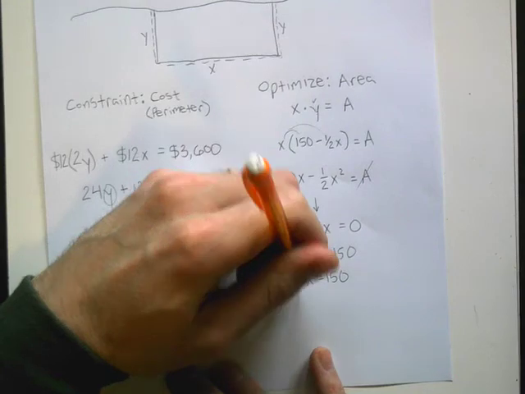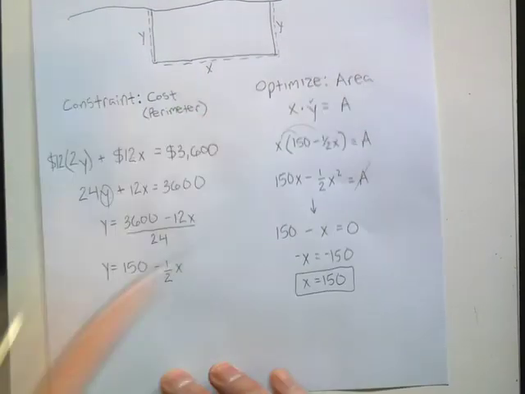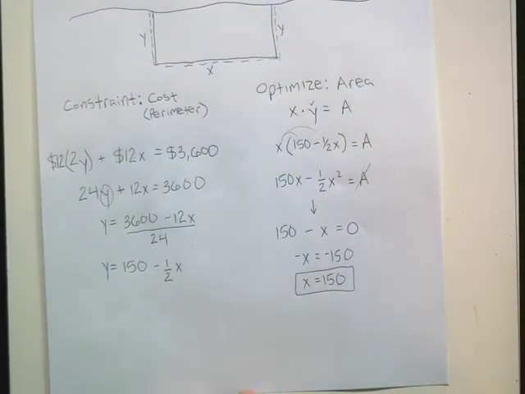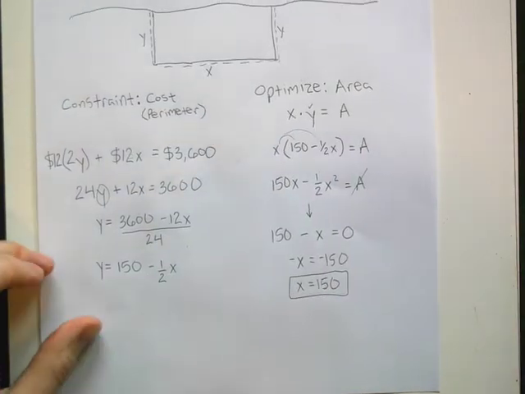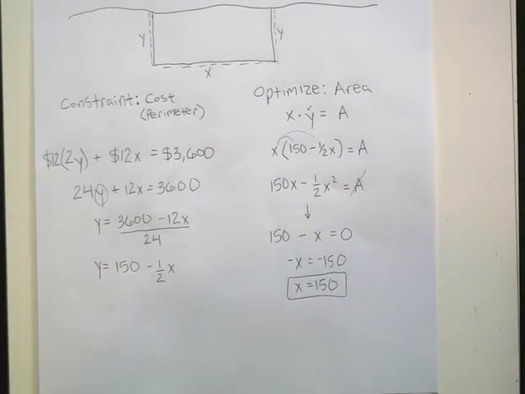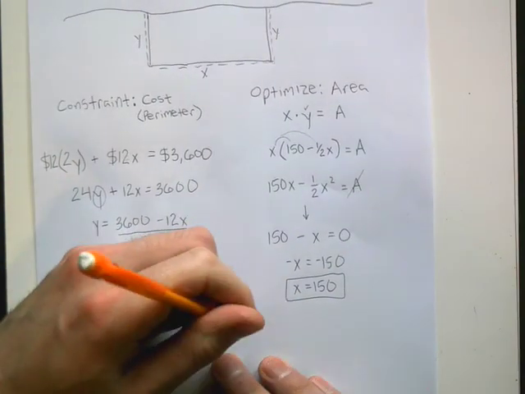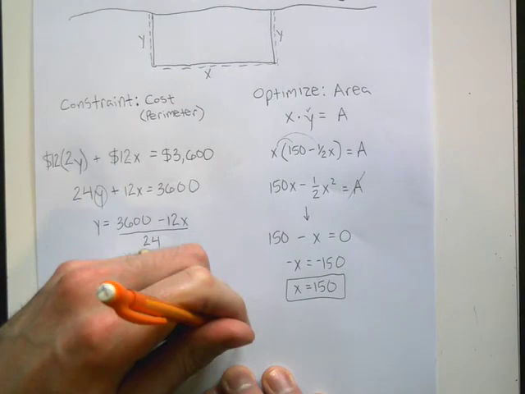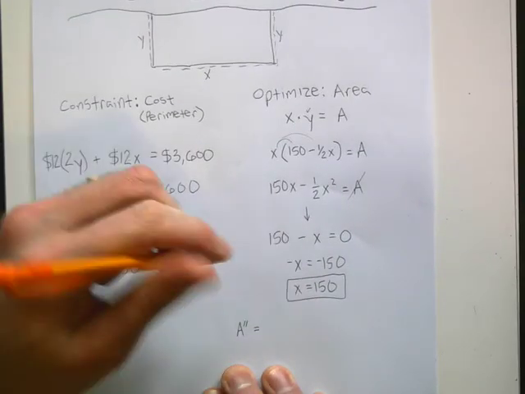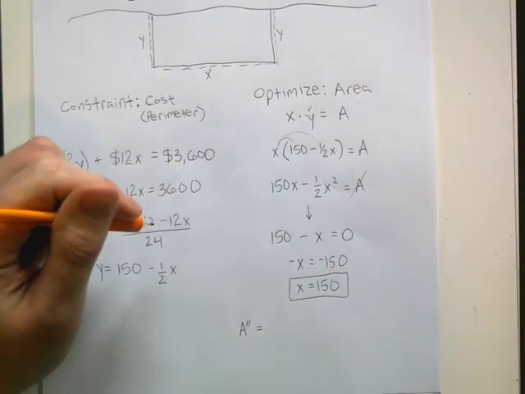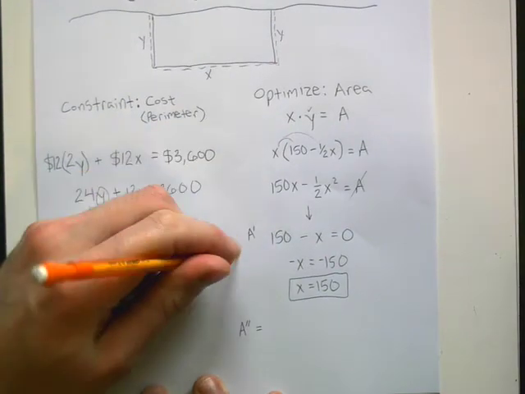Okay, let's make sure and double check that this is actually the point at which the area is maximized and not minimized, right? We don't want to find an x value where the area is minimized. We want to find where it's maximized. So I'm going to say A double prime is equal to, let's see, this was A prime right here.